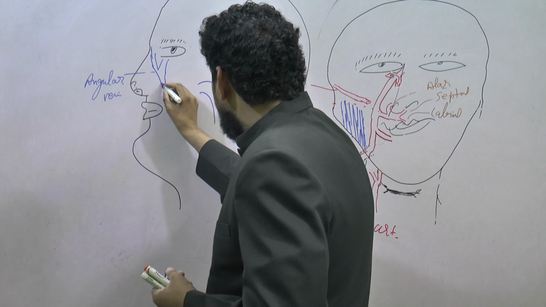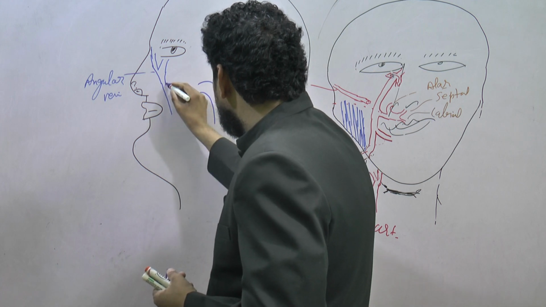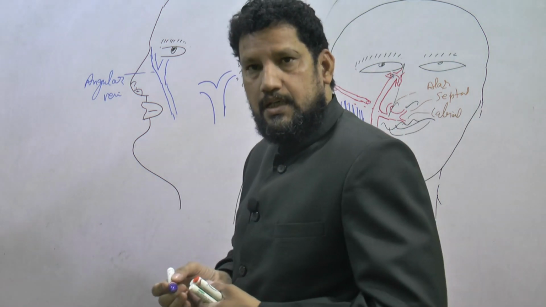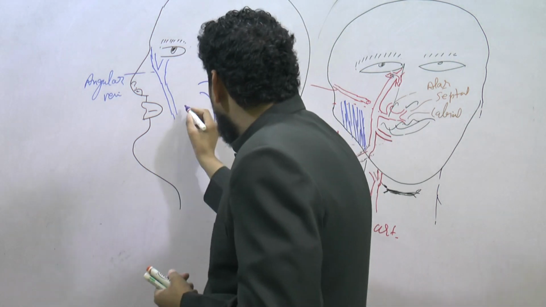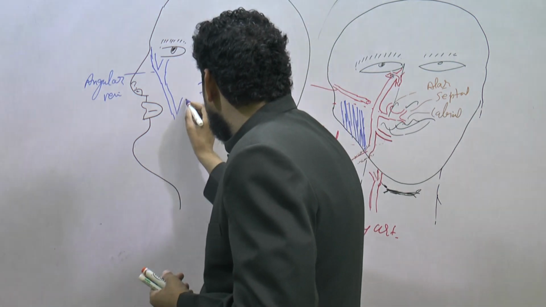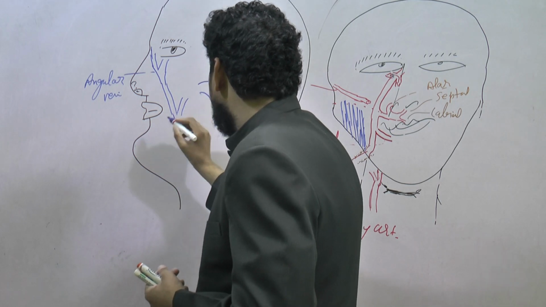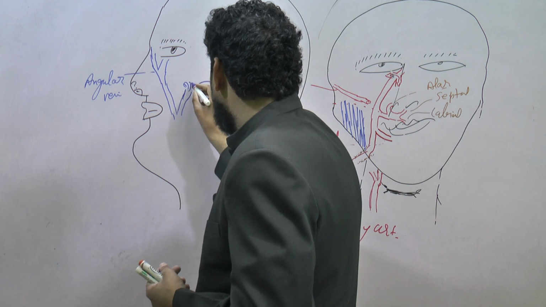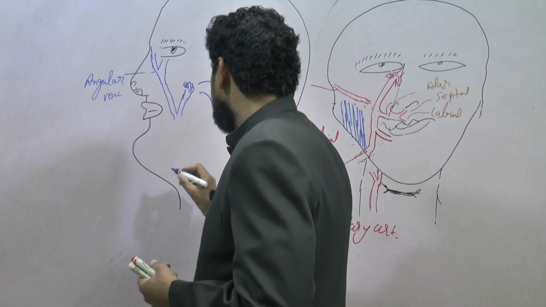The angular vein is descending downwards and laterally, and also receiving the deep facial vein. It is coming from the pterygoid venous plexus.